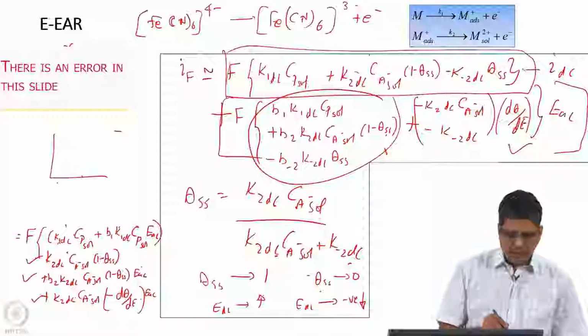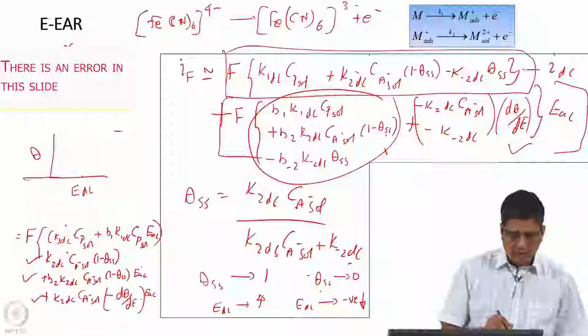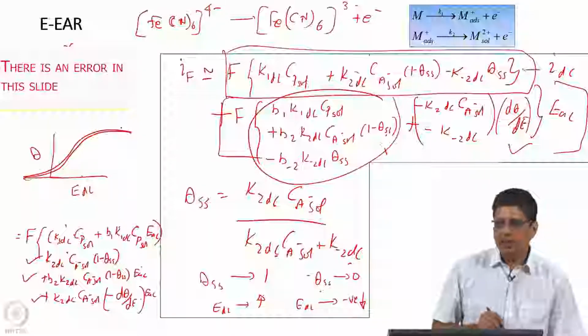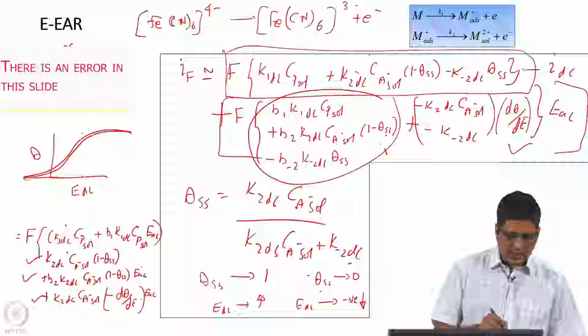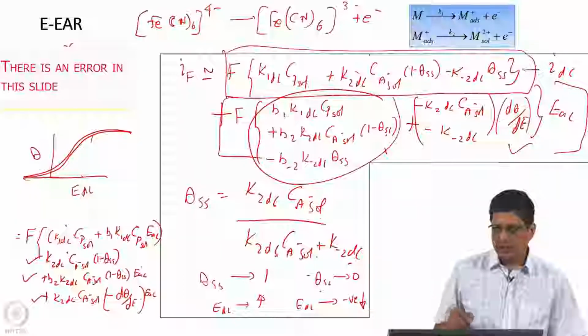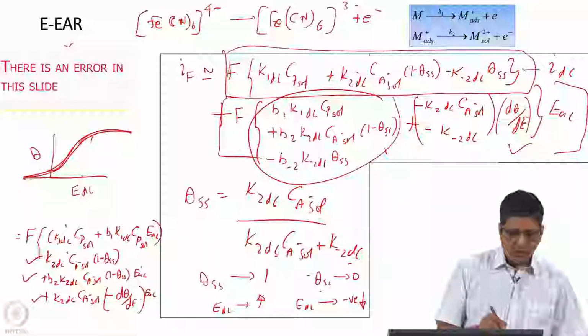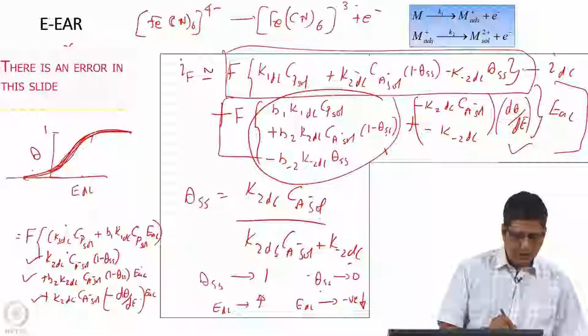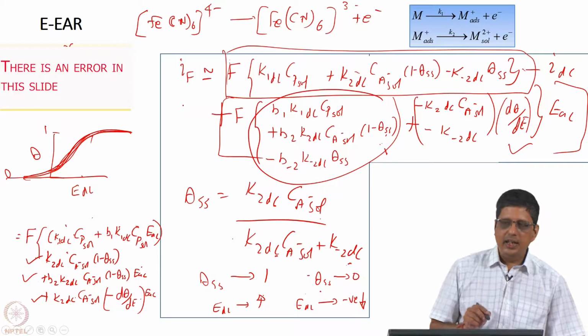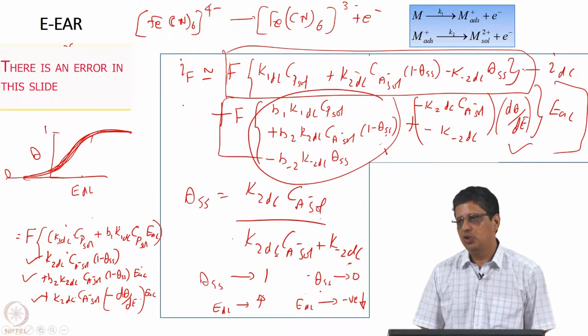So, I would expect an S shaped curve, where the slope occurs depends on the parameter values and the concentration values, but the slope will occur at some location. Very large potential it is going to be close to 1, very small potential it is going to be close to 0, anything in between it is going to be a value between 0 and 1.